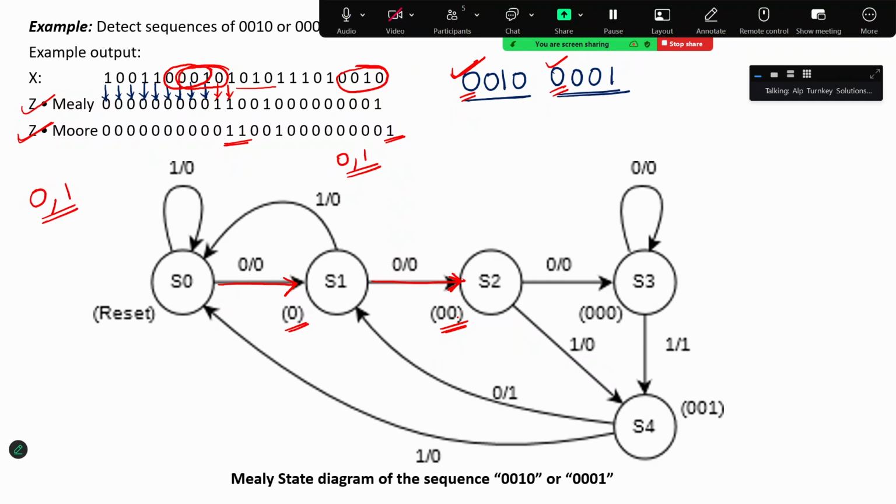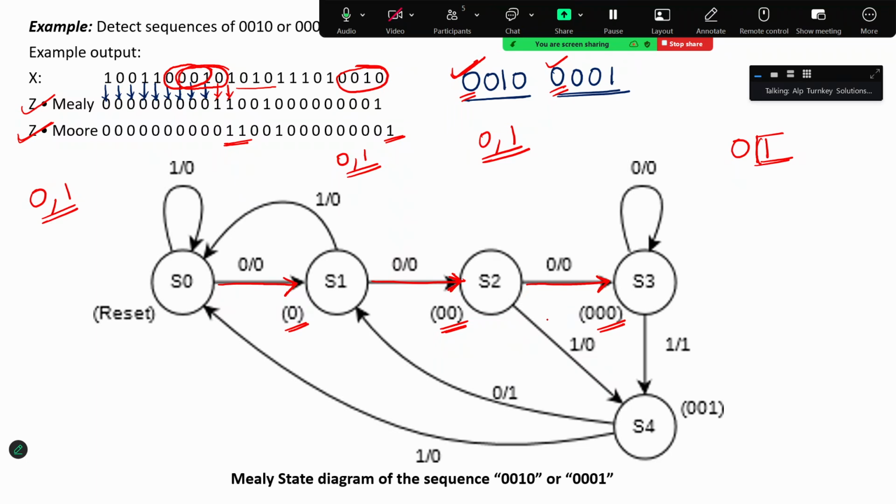If it is 1, that means 0 1, which does not match anything, so it will go to the reset state, the initial state. At S2, I need to check for two cases, either 0 or 1. If it is 0, it will go to the next state, S3. So here I got 0 0 0.